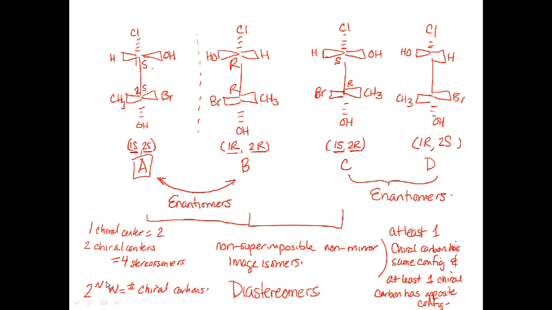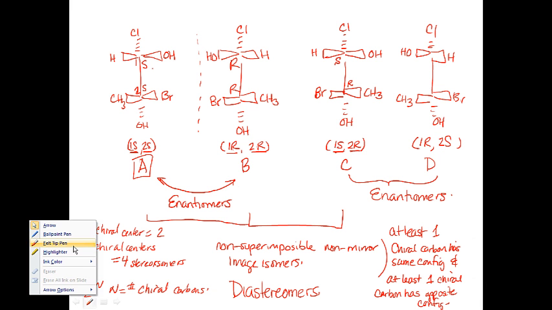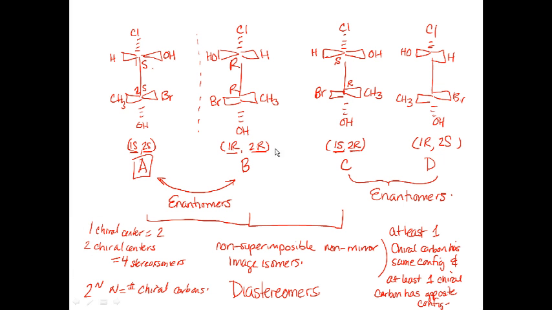Okay, so in the last lecture, we talked about the idea that if you have more than one chiral center, you have a new potential stereochemical relationship. You still have enantiomeric relationships, where the two molecules are mirror images of each other. And we know that they're mirror images because every single chiral center is reversed in the two molecules.